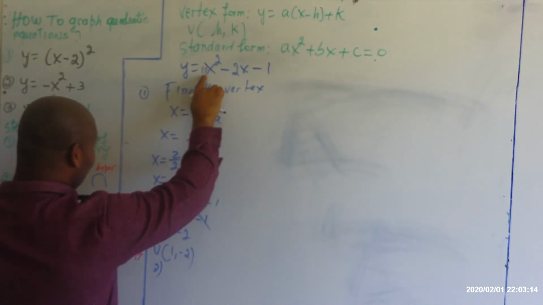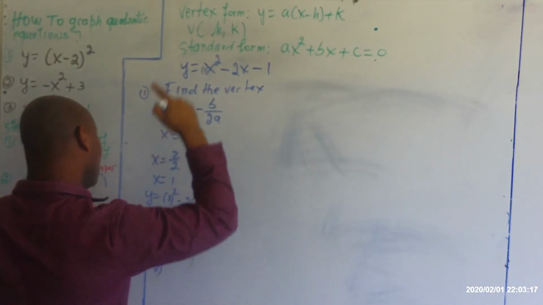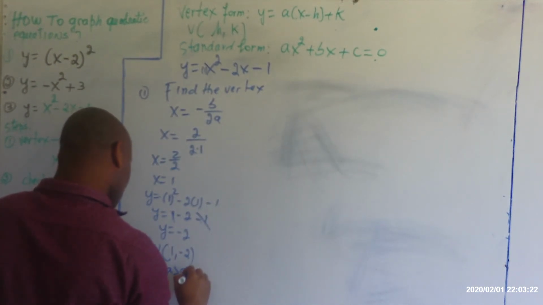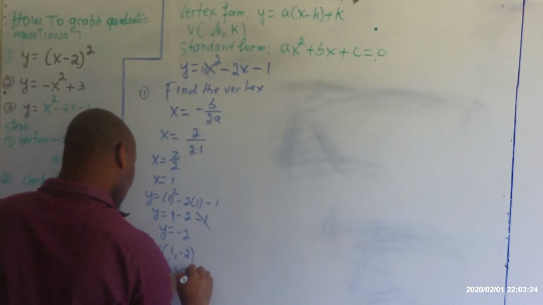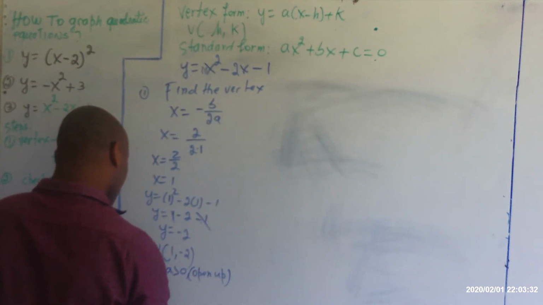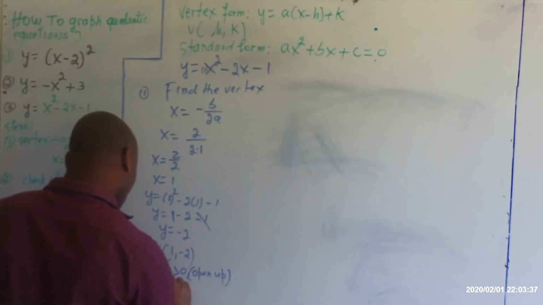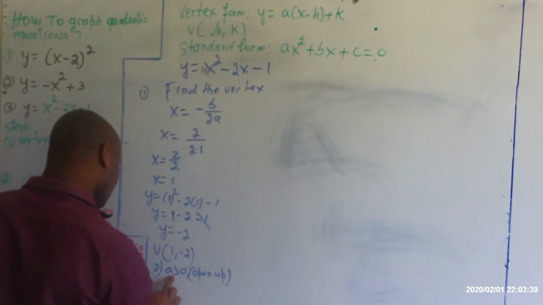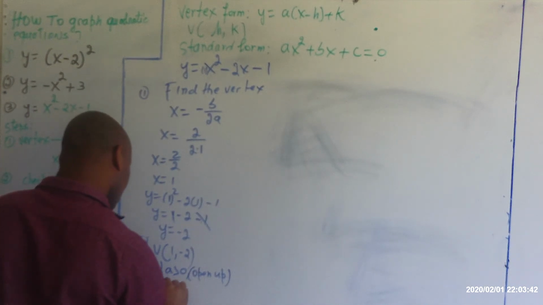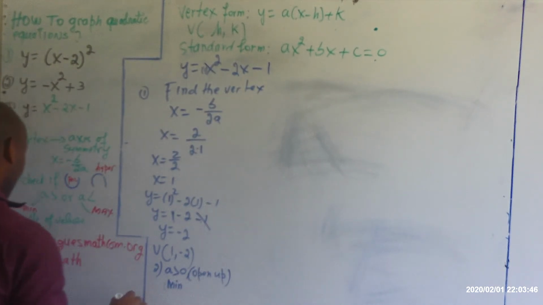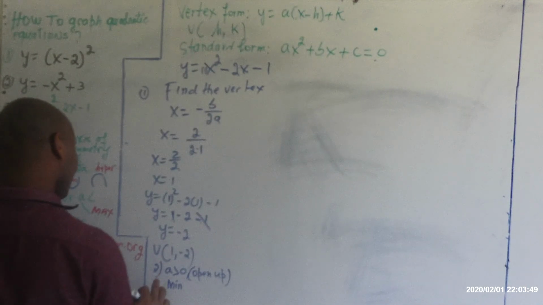Therefore my graph must be going up. a is greater than 0, so my graph will open up, and it will admit a minimum.